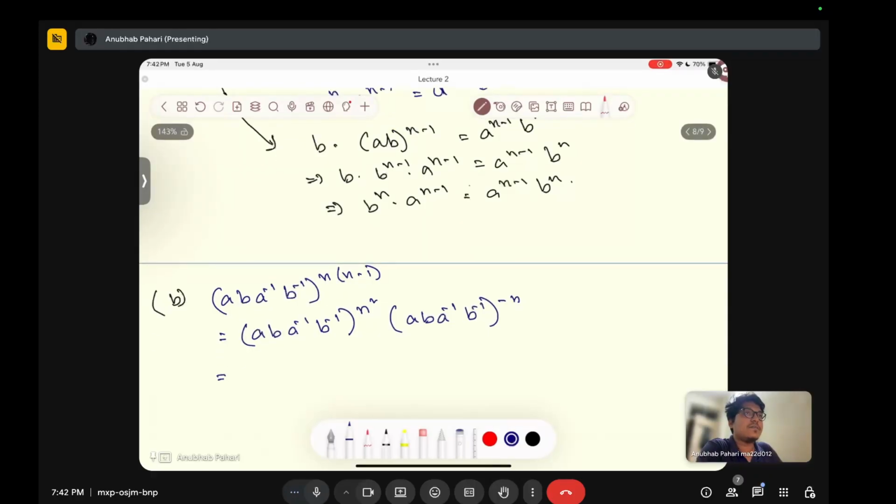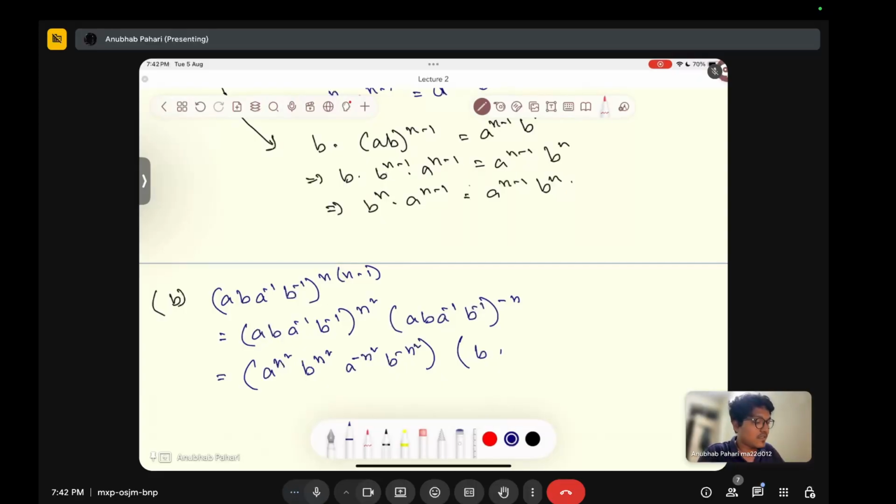Then we are getting a^(n square) b^(n square) a^(minus n square) b^(minus n square), and b. So this part also needs to be proved, no?